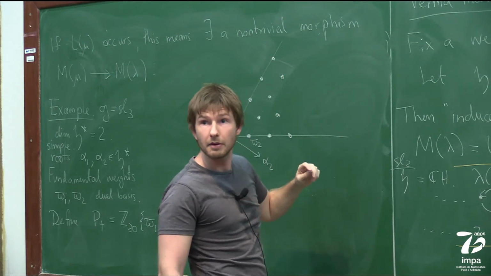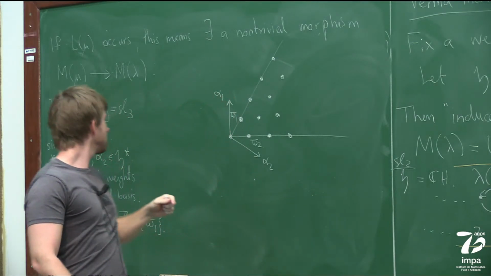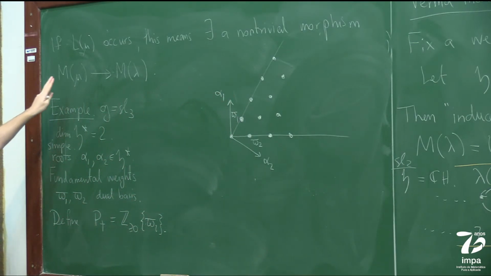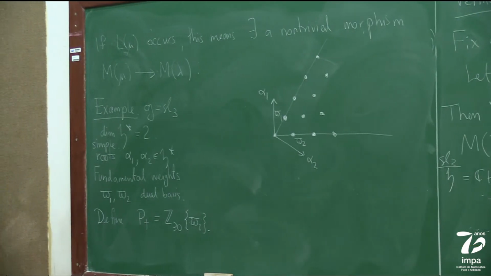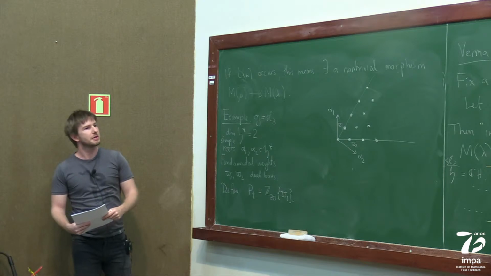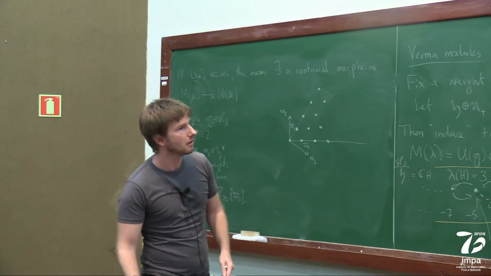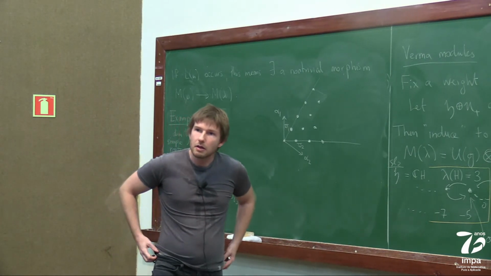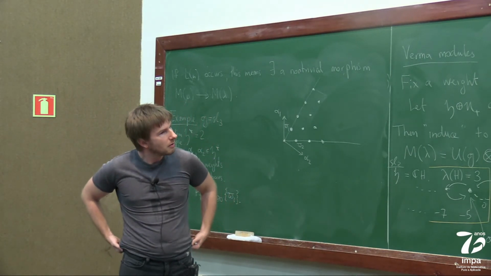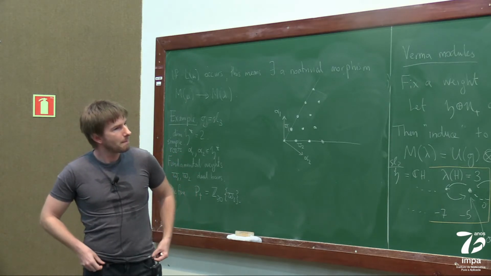Can you describe the map in the second line? So there's a map from M mu to L mu by definition. And what is the map from L mu to M lambda? This is if it appears as a composition factor. Which you defined this L i being, for example, one of these quotients, M i divided by M i plus 1, I guess.